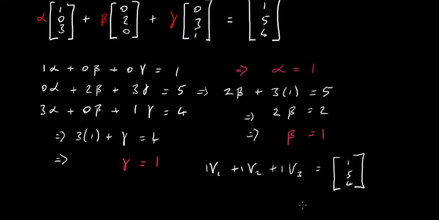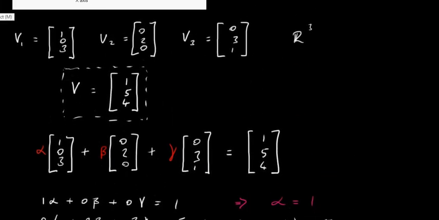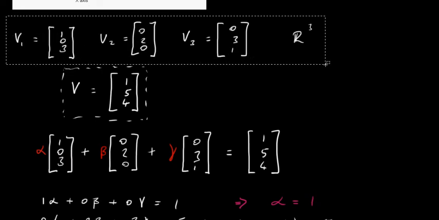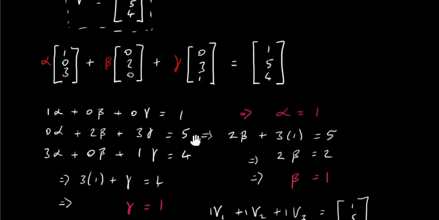Now let's take these same three vectors again and add a fourth vector and see if we can find 1, 5, 4 again. This is going to be a little bit more detailed. Let me copy these and paste them here.